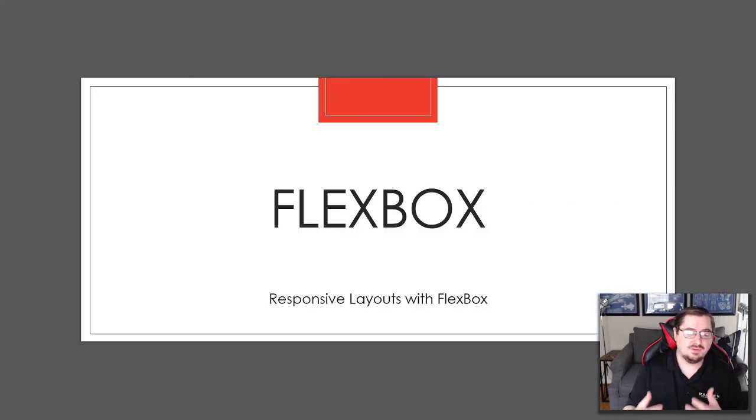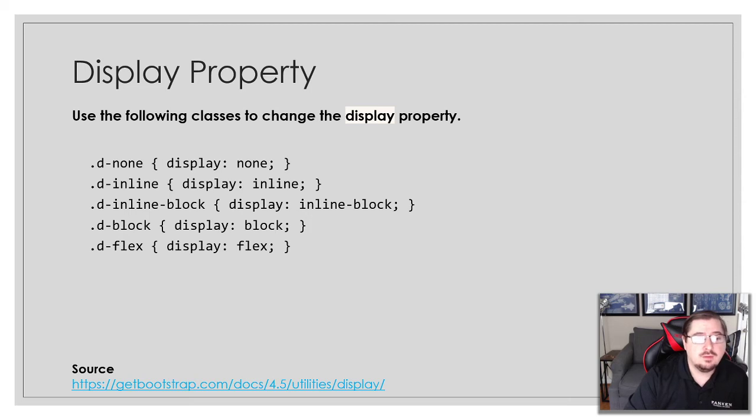Now let's talk about some of the utilities that Bootstrap provides for working with Flexbox and creating responsive layouts. First thing you'll need to do, obviously, to get a flex container is to change the display property. Bootstrap provides a number of different classes that you can use to change the display.